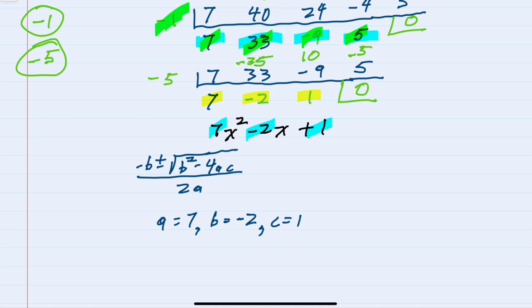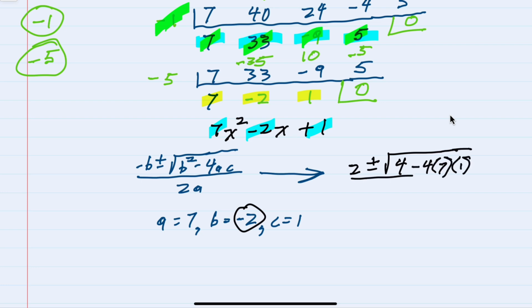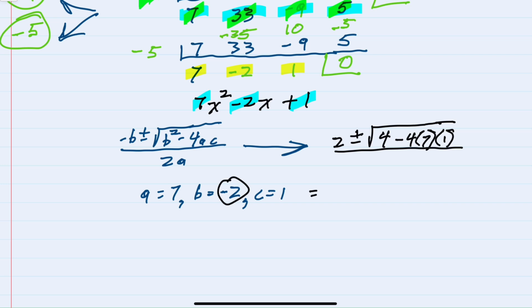So plugging into the quadratic formula, negative b is negative 2, that would be a positive 2 plus or minus the square root. B squared, b is again negative 2. Negative 2 squared is 4. Minus 4 times a, which is 7, times c, which is 1, all over, in the denominator, 2 times a, so 2 times 7 would give us 14.